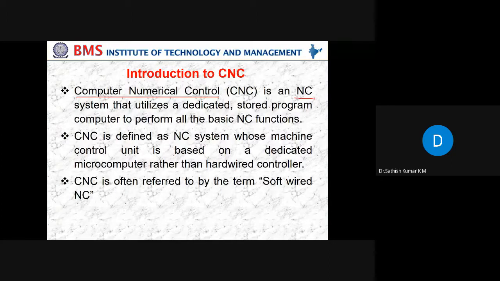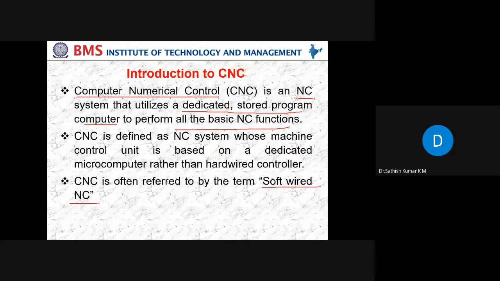Very important, it utilizes a dedicated stored program computer to perform all the basic NC functions. Earlier we used to do this using a hardwired methodology. Now, in the case of CNC, we use what is called softwired NC, basically because we are going to use the computer.